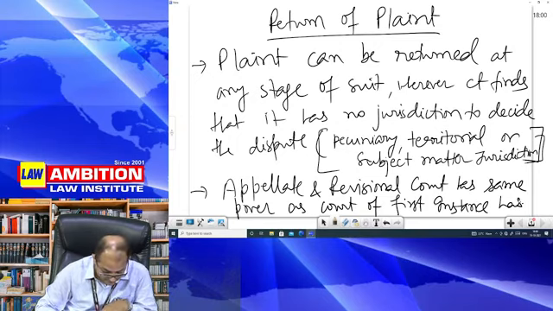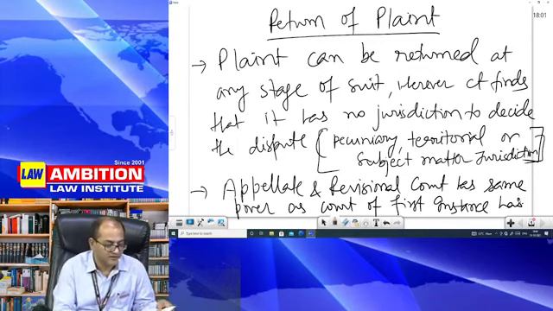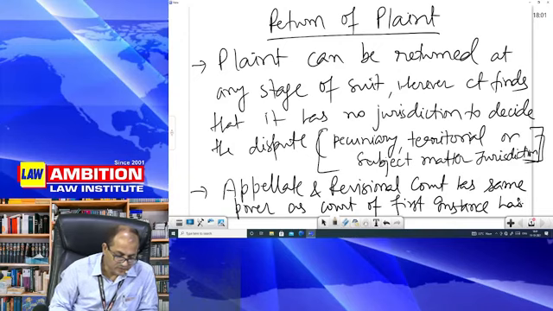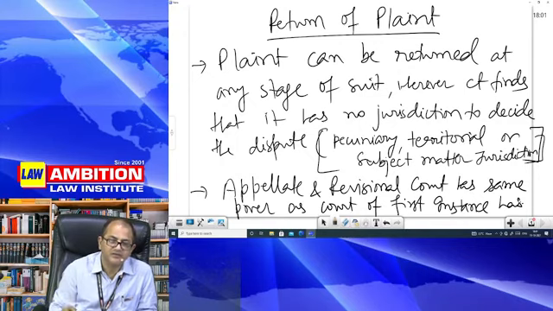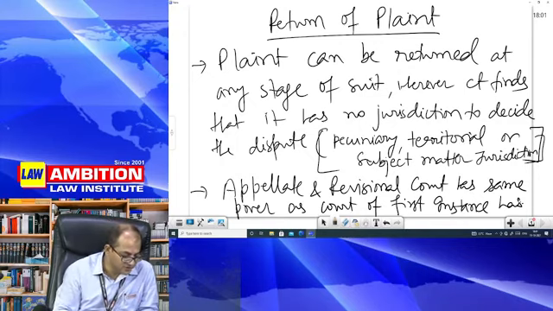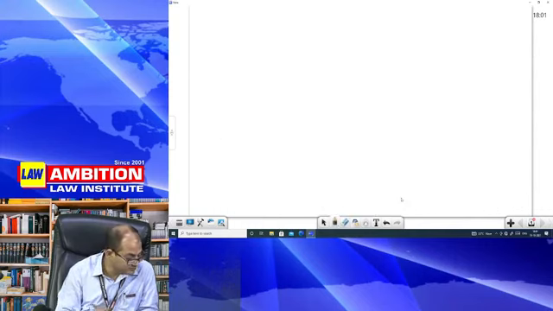The decree has been set aside, so the decree has already been passed. This was added by the 1976 amendment, because when you enforce and execute the law, you notice various lacunas, various holes in the law. That is how we noticed that this power should have been given to the appellate and revisional court also. So that has been done, and the appellate and revisional court has similar power.